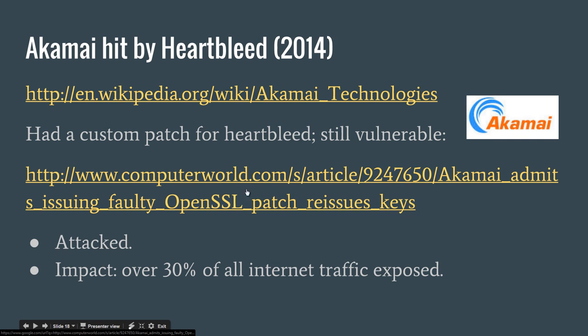There's a report talking about how they admitted they issued faulty OpenSSL keys from their patch and then had to reissue new keys. And the impact was that they serve content as a third-party service for about 30% of the internet, and that exposed the HTTPS delivery of that content, which was pretty widespread.